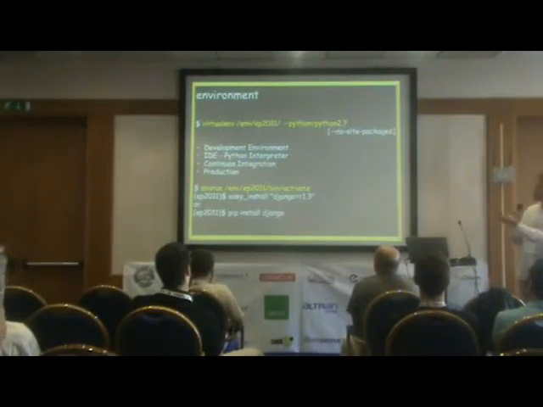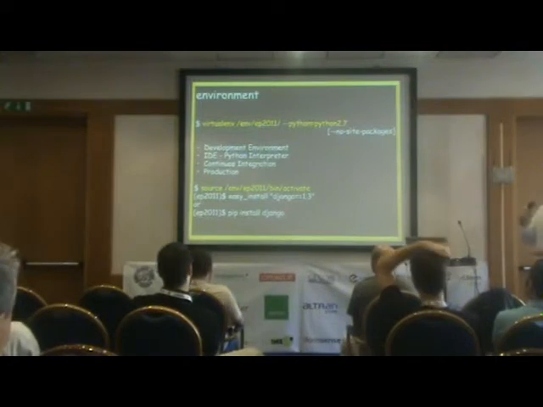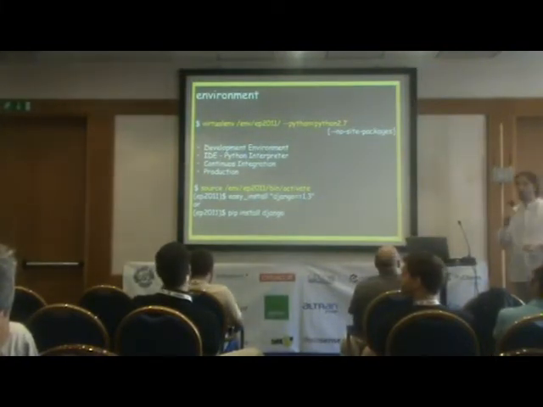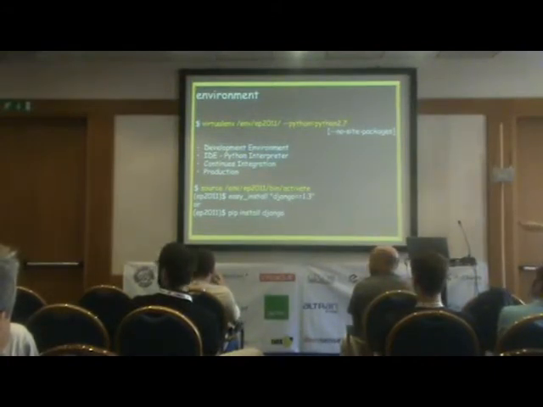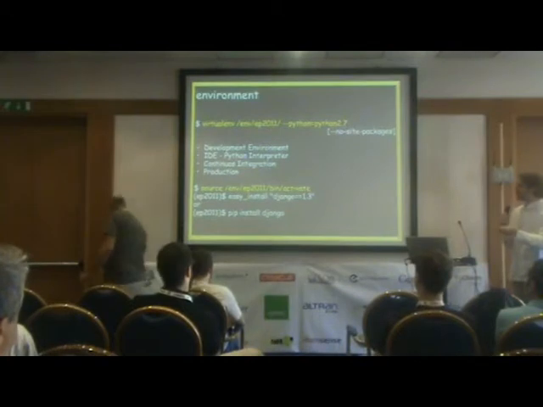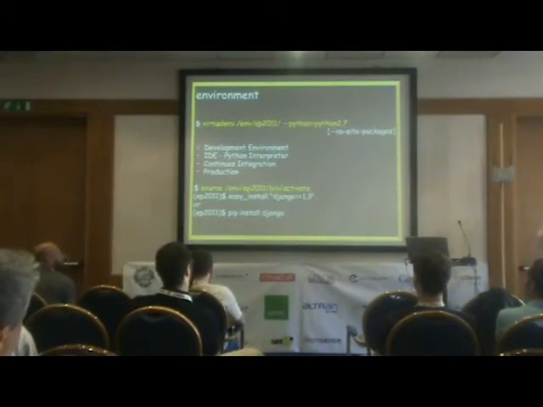There are 4 environments: where you develop the library, where you develop the application, the continuous integration environment, and production. For all of them, it's a good choice. Always use a virtualenv.